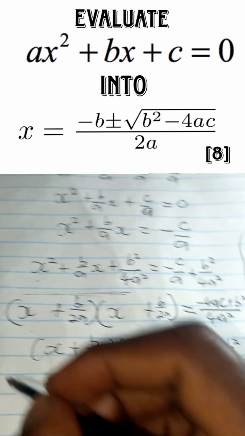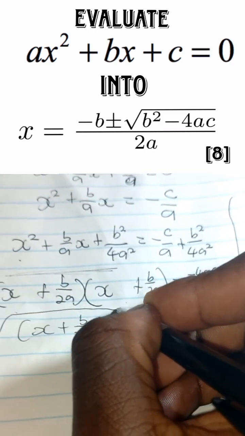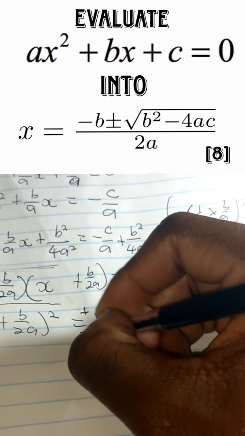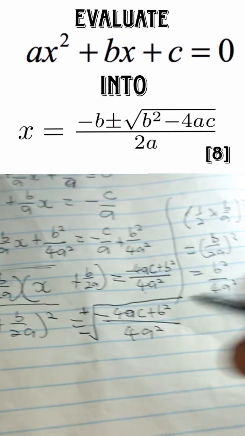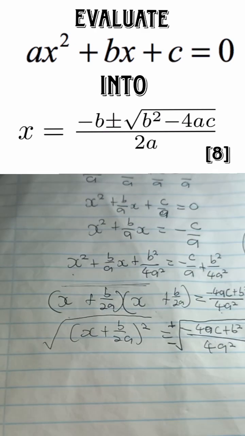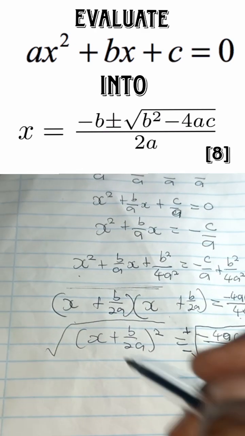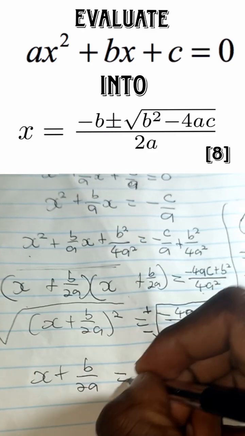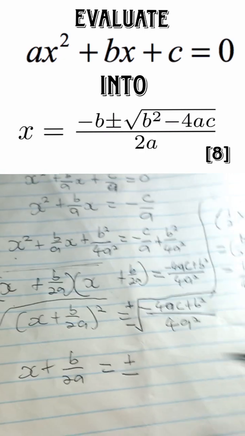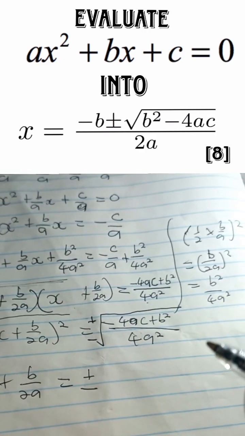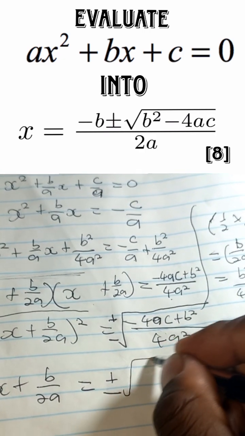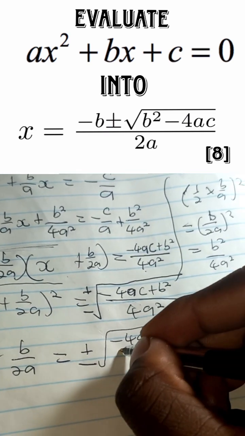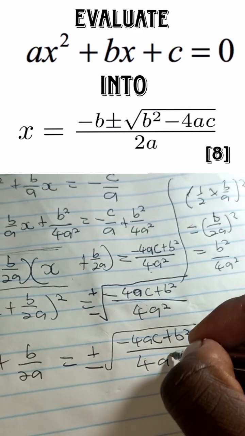Then we introduce the radical sign on both sides. This side is going to be plus or minus the radical sign over the radicand. So x plus b over 2a equals plus or minus the radical of minus 4ac plus b squared divided by 4a squared.